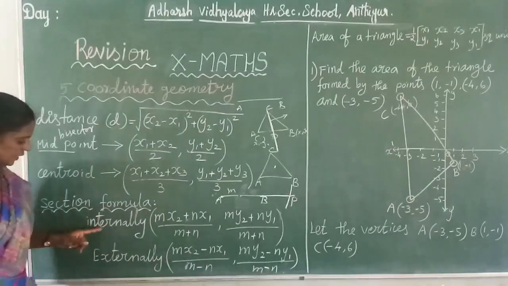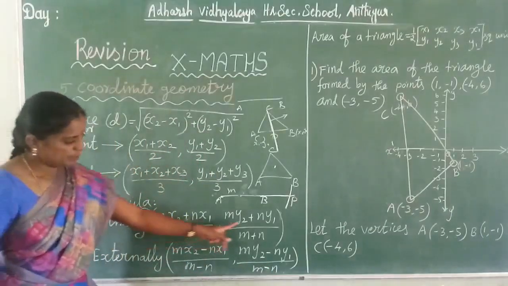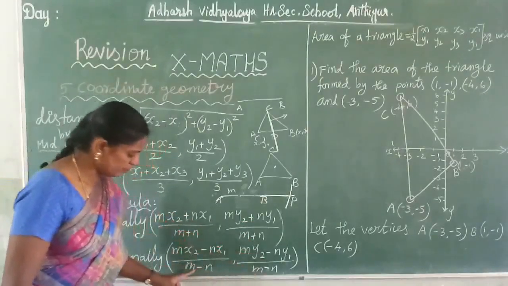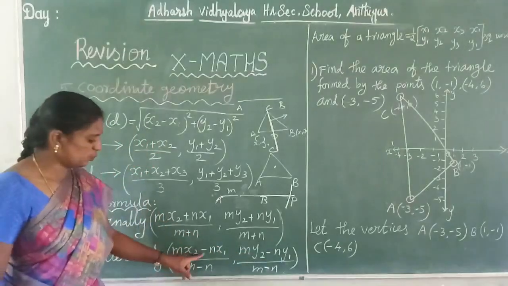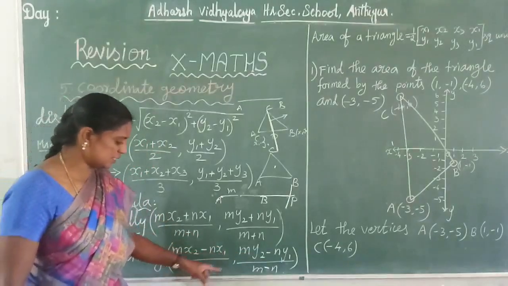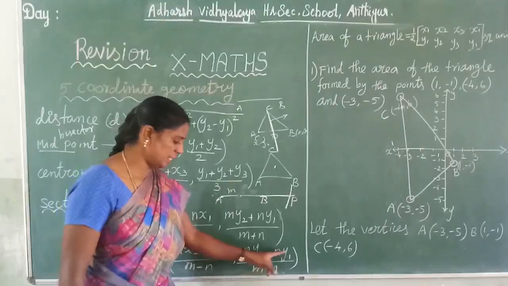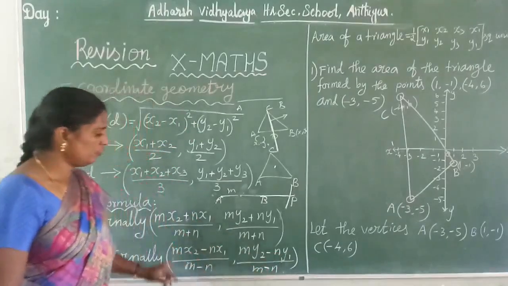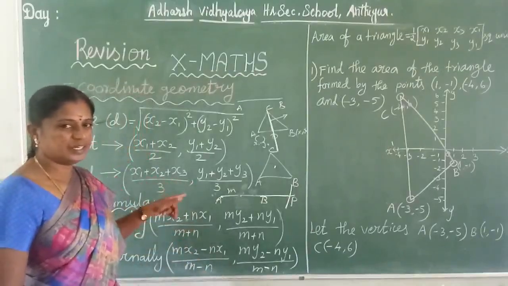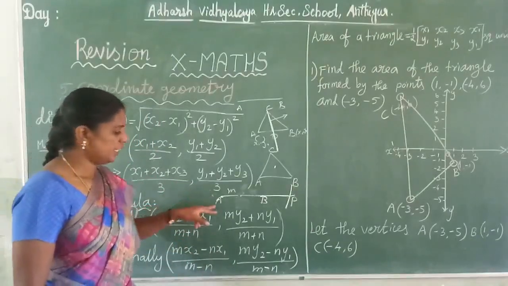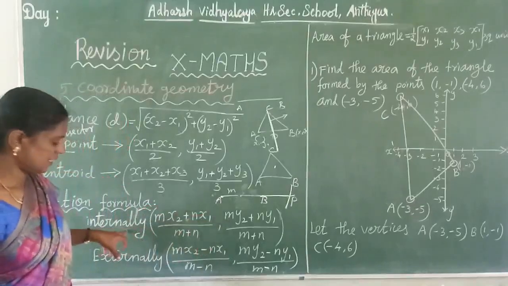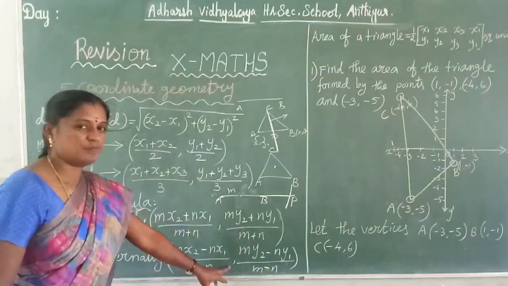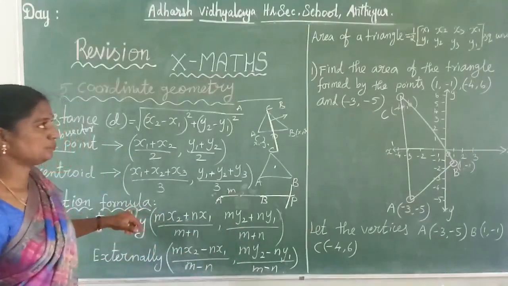Is it clear? Internally means put plus sign in all places. Externally means put minus sign in all places: (m x2 minus n x1) by (m minus n) comma (m y2 minus n y1) by (m minus n). So first check whether it is divided externally or internally, and then apply the exact formula. Internally means plus, externally means minus formula. Is it clear, that section formula?